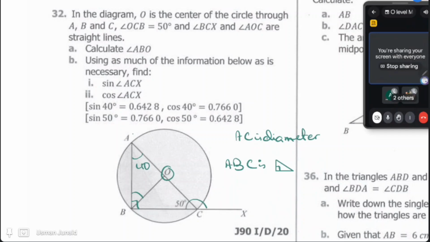So this angle is a straight line. So it's 130. And AOC is also a straight line. Now what they want from you is this angle.